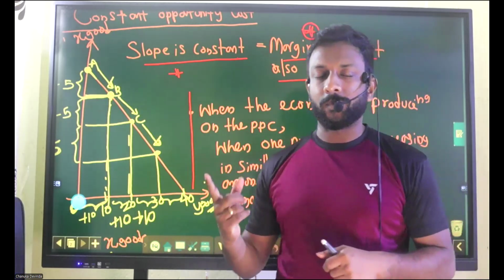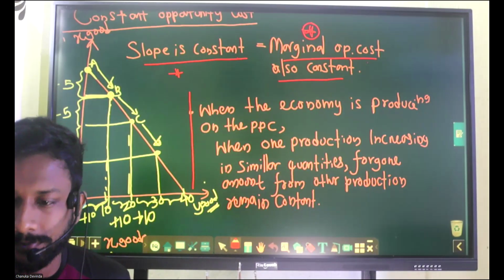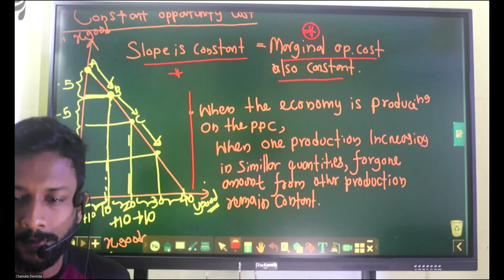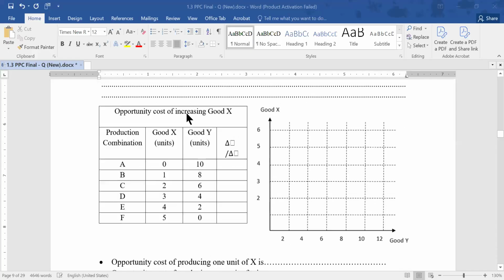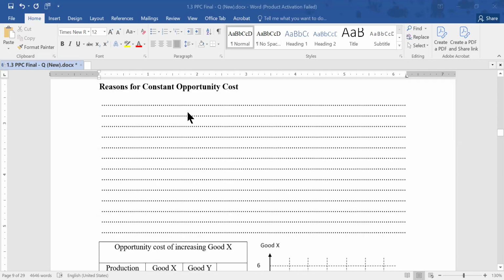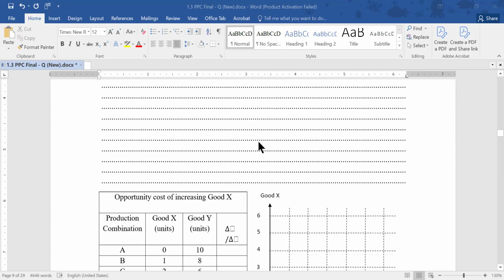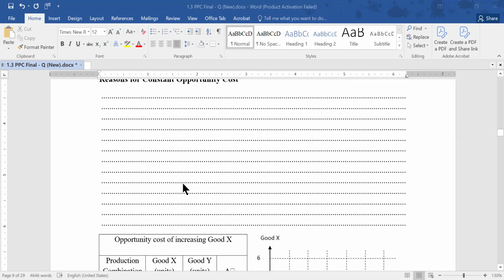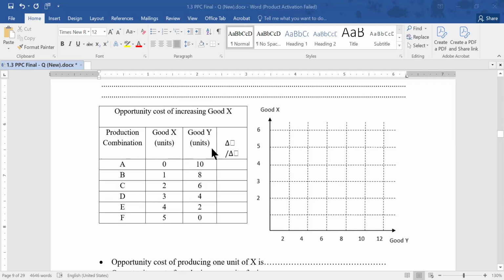Okay, next one, increasing opportunity cost. So write down the reasons, looking at the board. So here, reasons, and then there's an example. Draw the example by yourself, right? And calculate the marginal opportunity cost here.